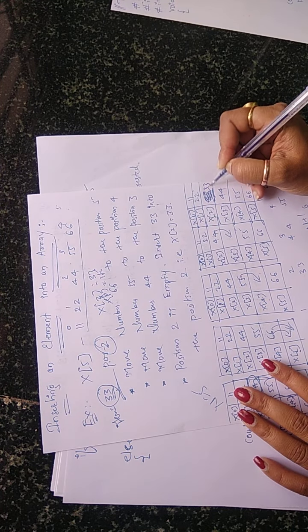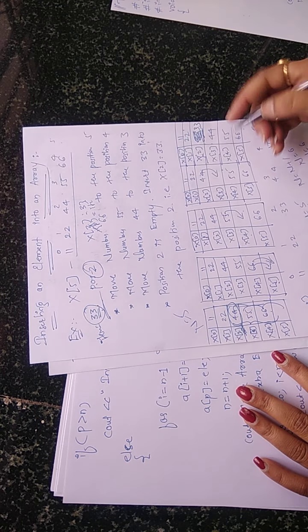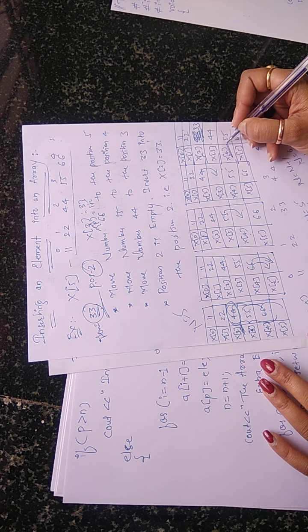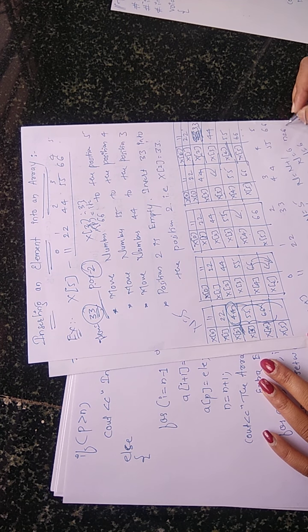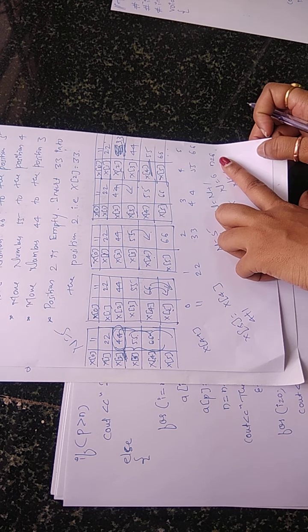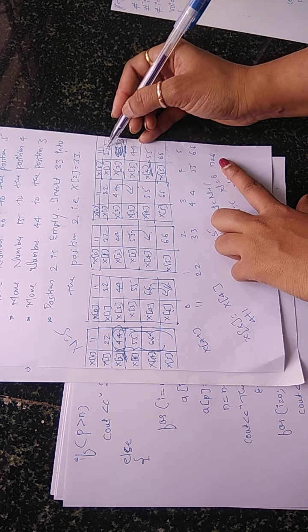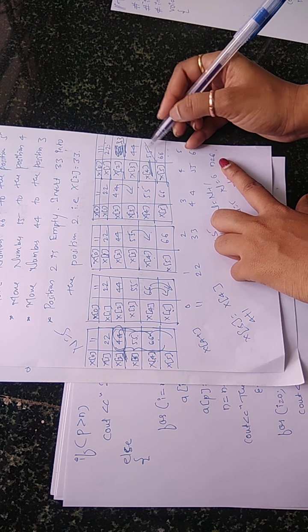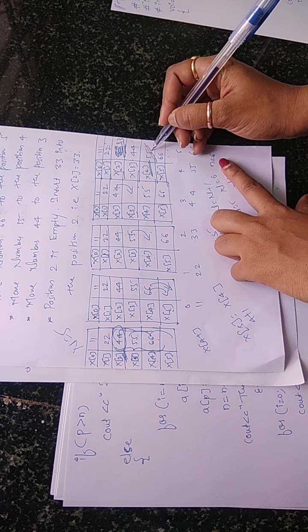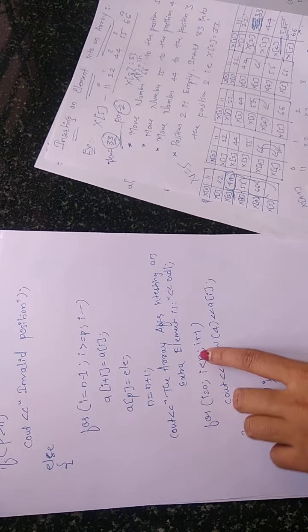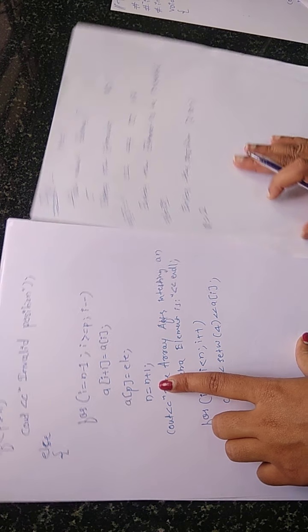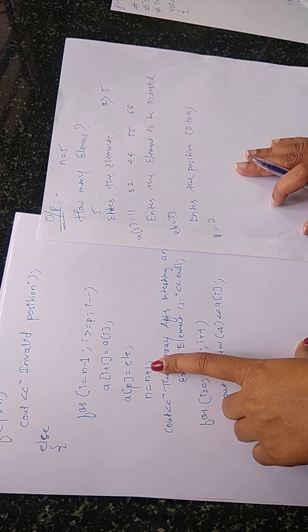Here we add 33. And now earlier n was 5, an extra has been added, so we have to make n equals to 6. If we will not make n equals to 6, means only 11, 22, 33, 44 and 55 till here only the values will be printed, 66 will not be printed. For that reason, you have to add this statement n is equals to n plus 1.